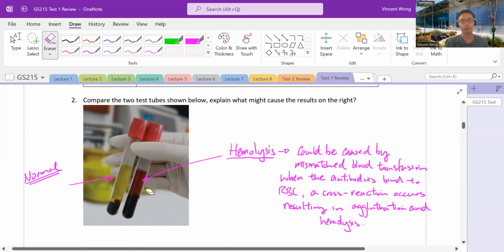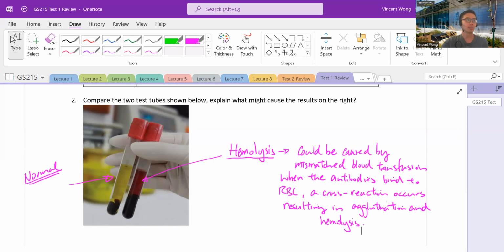Okay, if you observe something like this, it is very serious, and you need to identify the problem and fix the problem. Otherwise the person might die from this. Okay, internal bleeding can also lead to hemolysis.